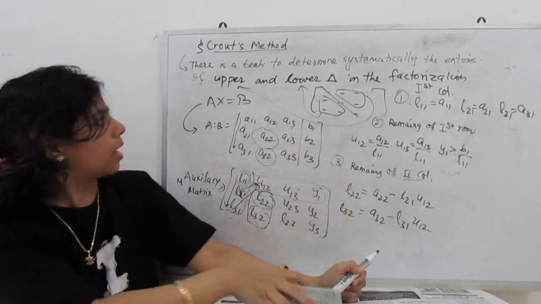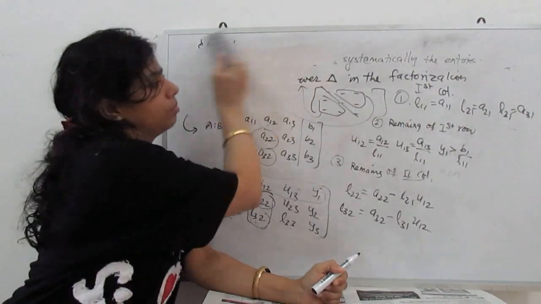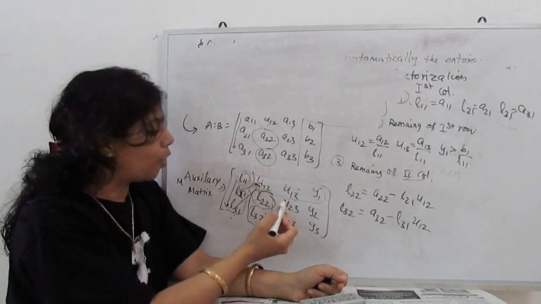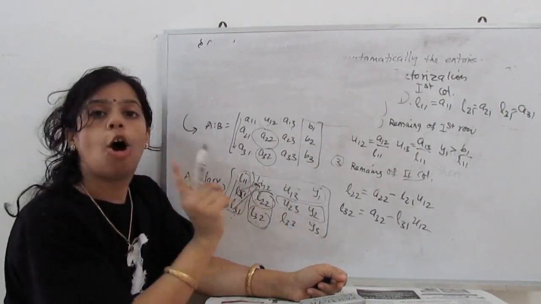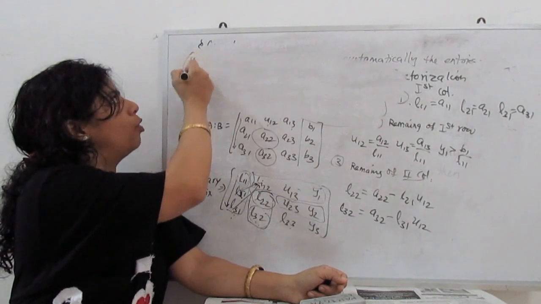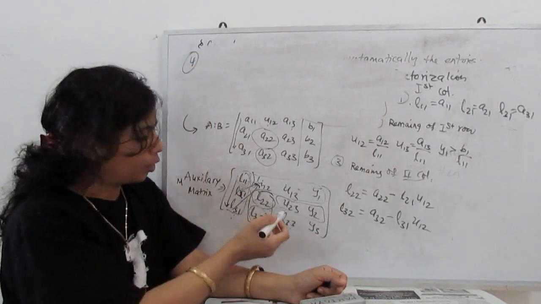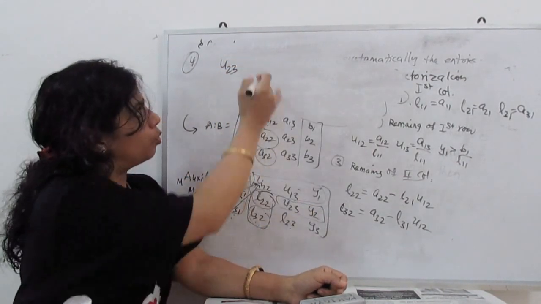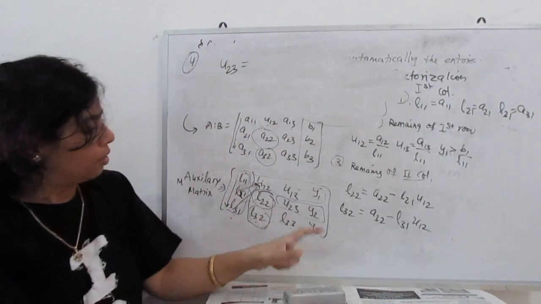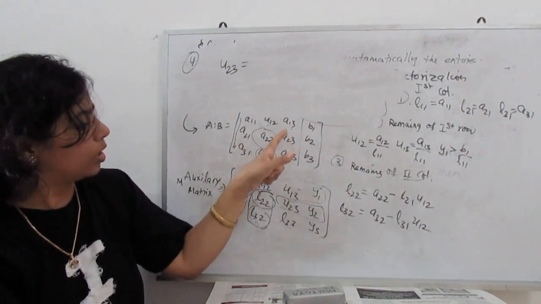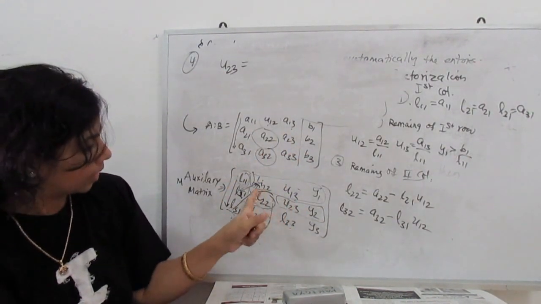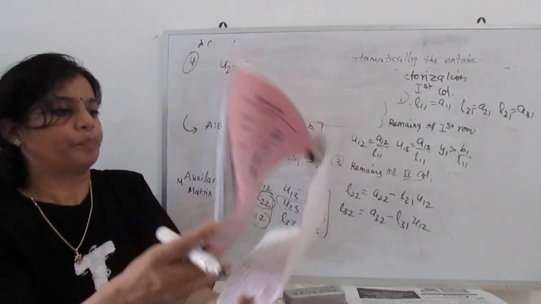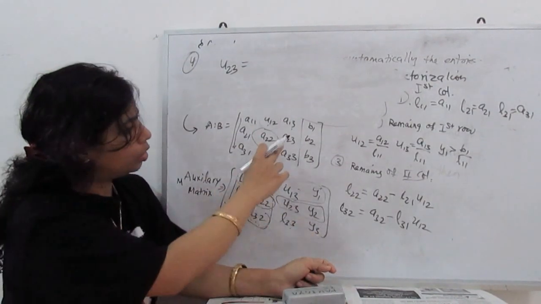Next, step 4, we go for the remaining elements of the second row. The remaining elements of the second row are U23 and y2. For U23 we calculate a23 minus L21 into U13, divided by L22.